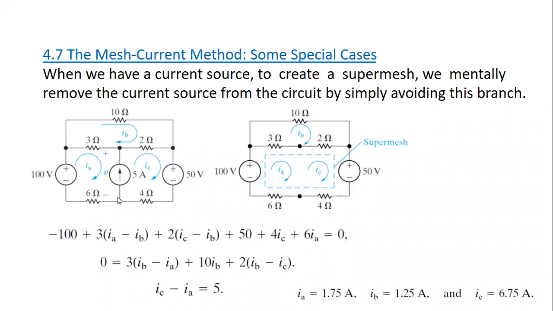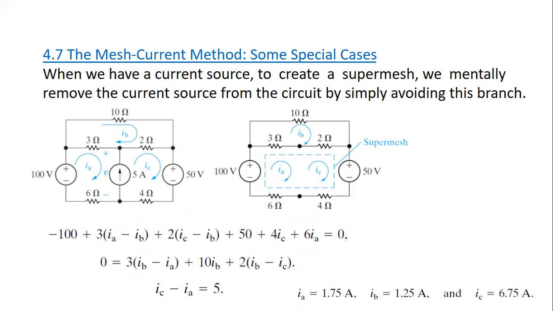But what is the voltage drop across the 5 ampere current source? I know the current, 5 ampere, but I don't know what to multiply it by, because I don't see any resistance in this branch. So I don't know how to write the voltage drop across the 5 ampere source.